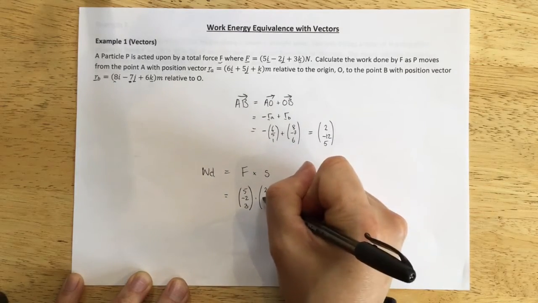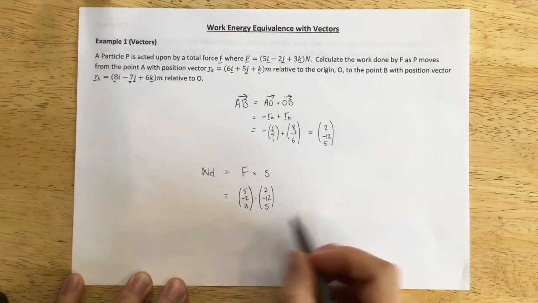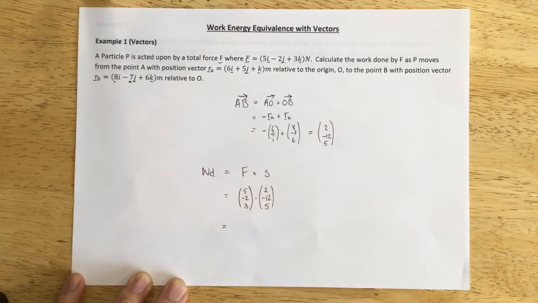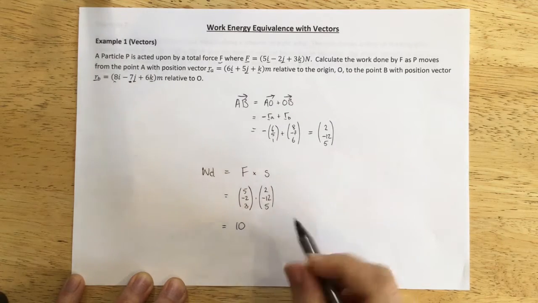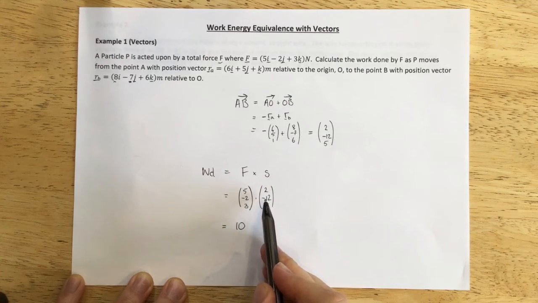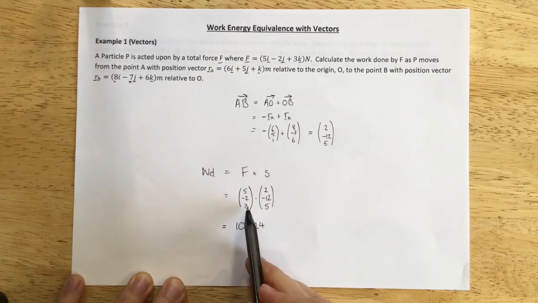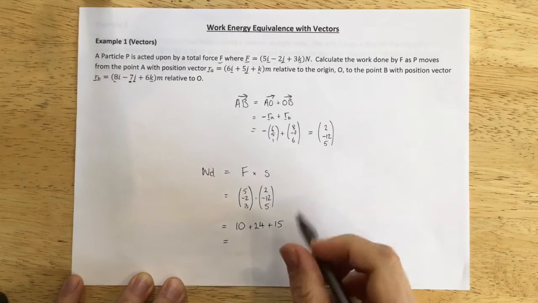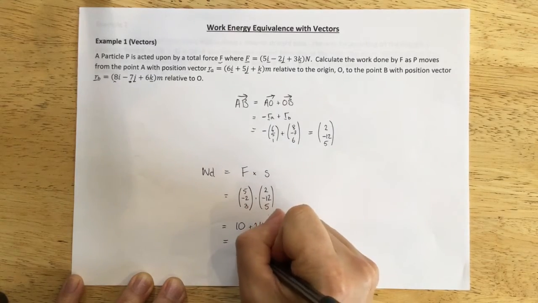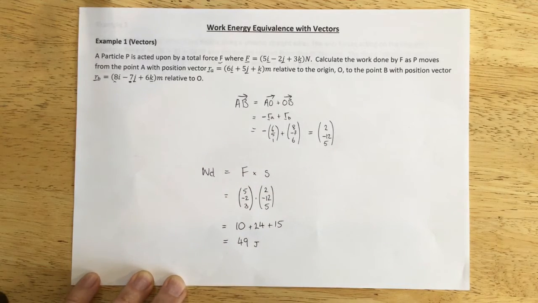So I'm going to put that in here, 2, minus 12, 5. And then we just use our dot product. So the i components, 5 times 2 is 10. Minus 2 times minus 12 is plus 24. And 3 times 5 is 15. And so our total work done here is 49, and in units, we've got 49 joules.